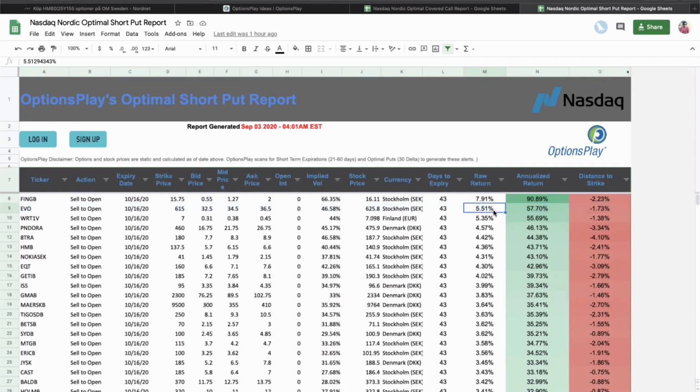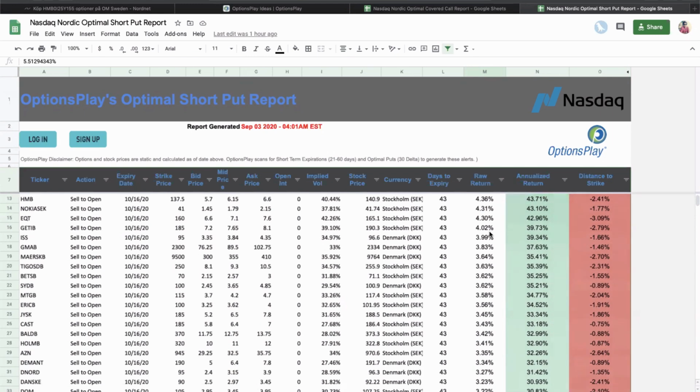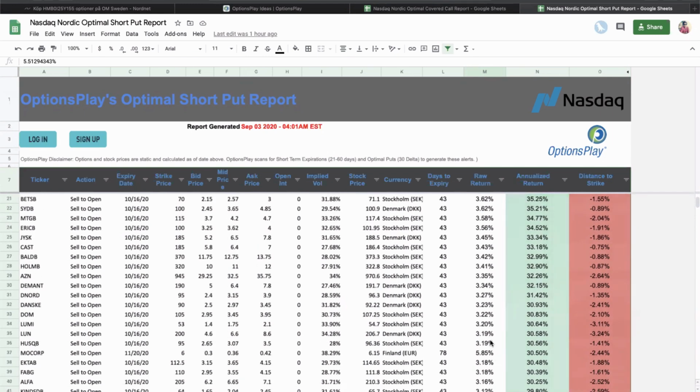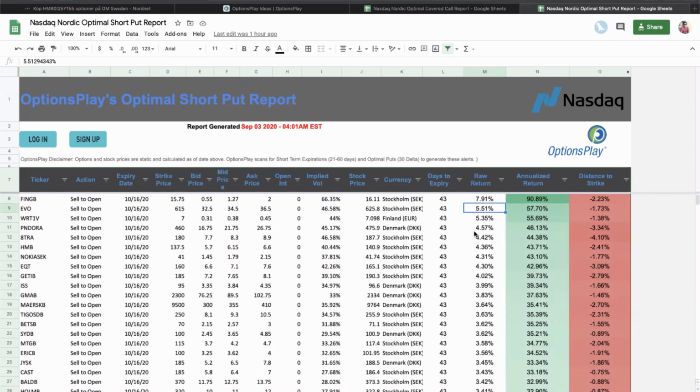And what this gives you the ability to do is potentially own this stock at about a 5.5% discount to the current price of that stock. This is a fairly significant discount on the purchase of a stock. And as you can see, there are many stocks in the Nordic markets that you can purchase for a discount of greater than about 3 to 4% using a cash secured put rather than a limit order.